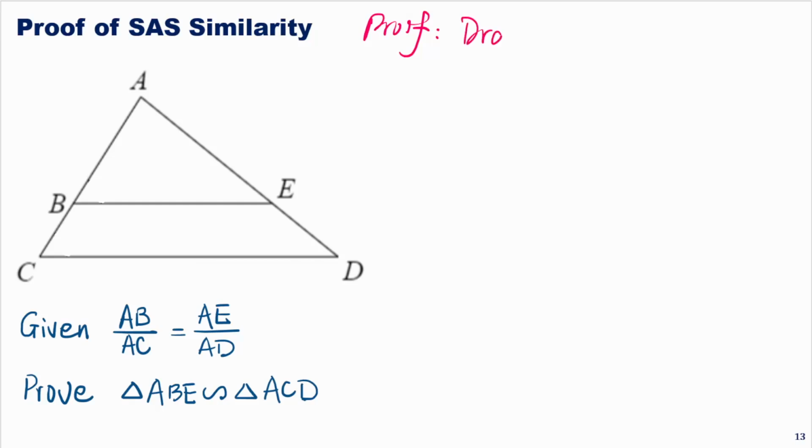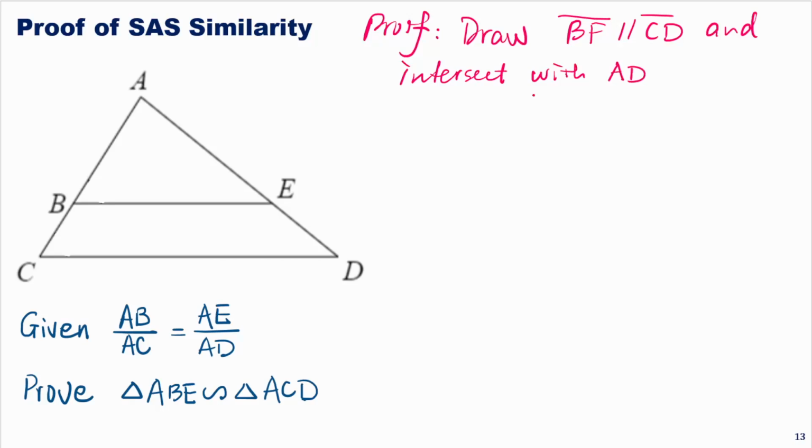First of all, we can draw the segment BF parallel to CD and intersect with segment AD at point F. This is doable using straight edge and compass construction.